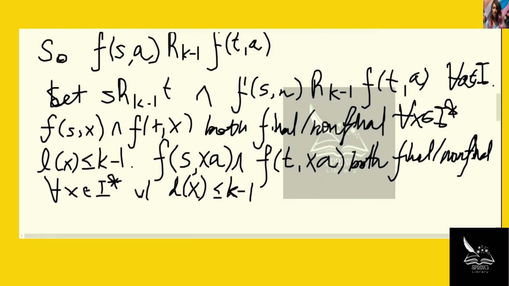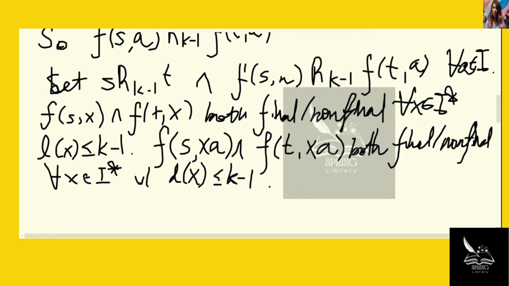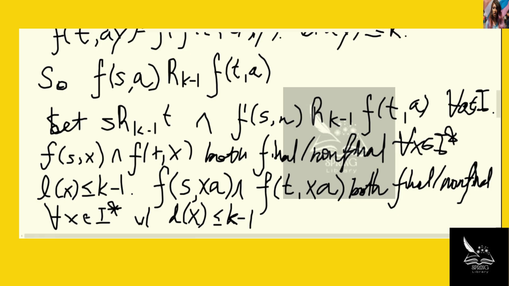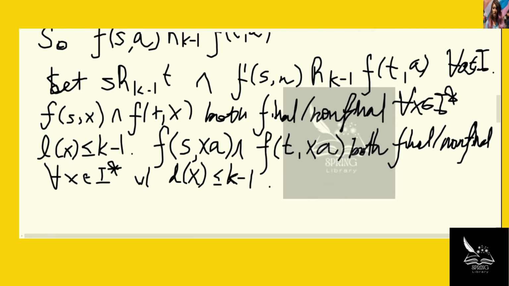This is because f of s xa is equal to f of s a x, or sorry, f of s a x, and f of t x a is equal to f of t a x, and we know that those are k minus 1 related.